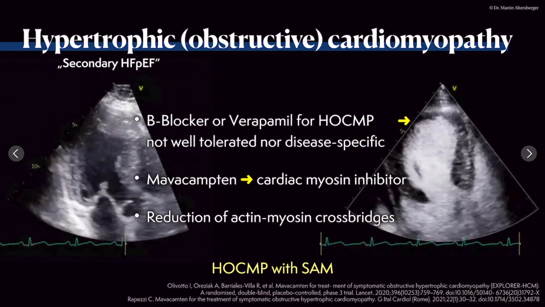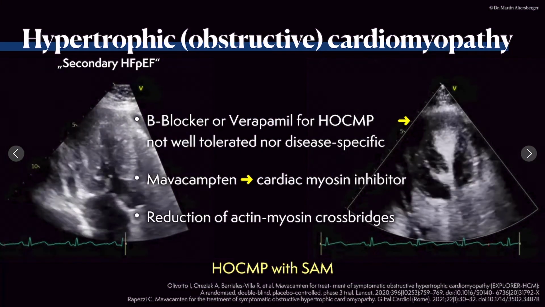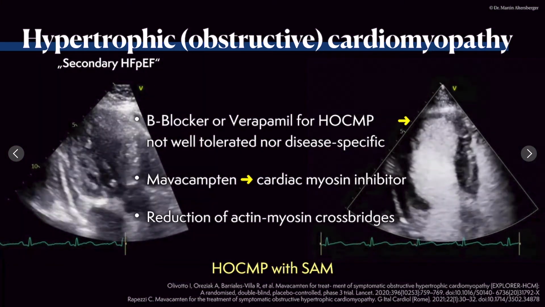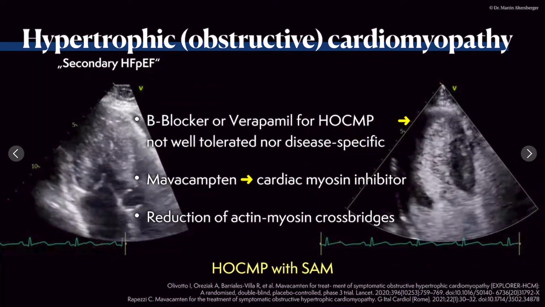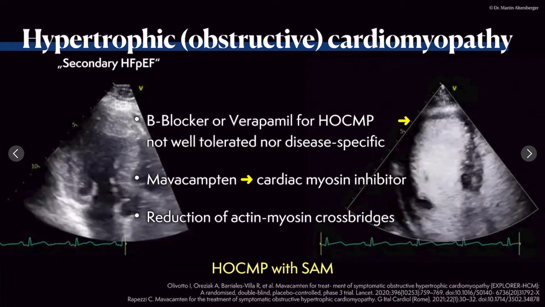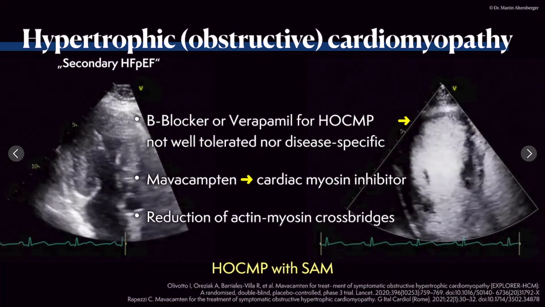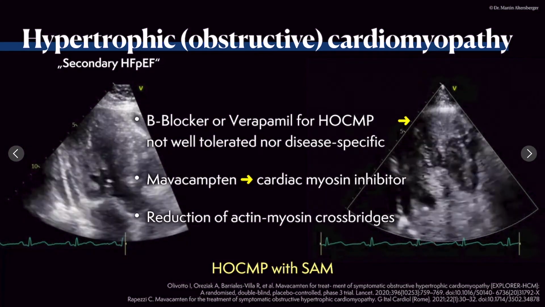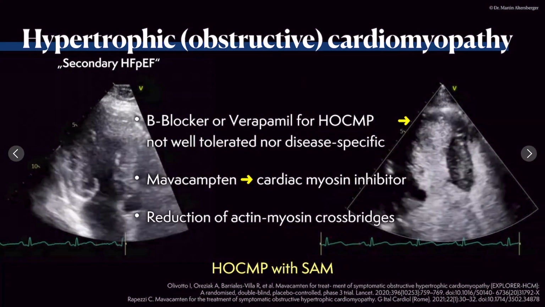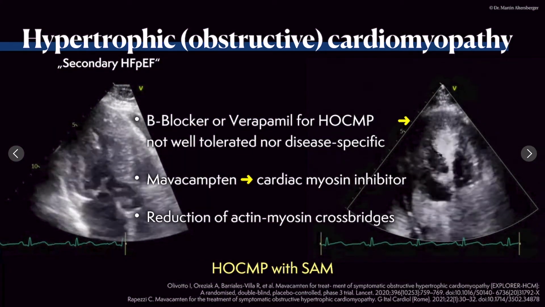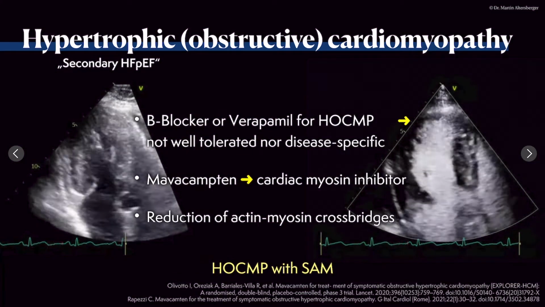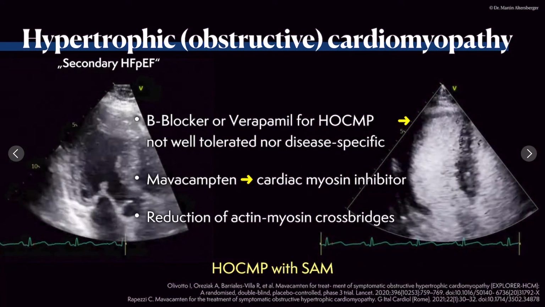The good news is that there's a so-called new kid on the block, mavacamten. It's a cardiac myosin inhibitor, and it has very promising results and treats patients with hypertrophic obstructive cardiomyopathy with a reduction of actin-myosin cross bridges. Due to that, the hypertrophy can be reduced and also the gradients can be reduced, so we do not necessarily need surgical treatment.